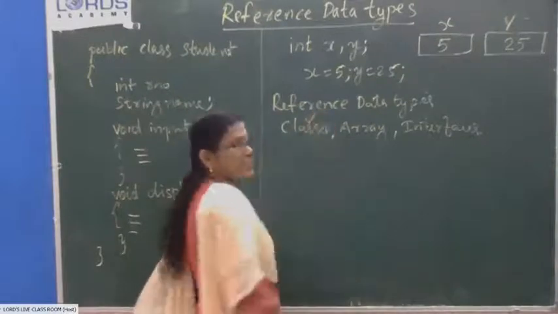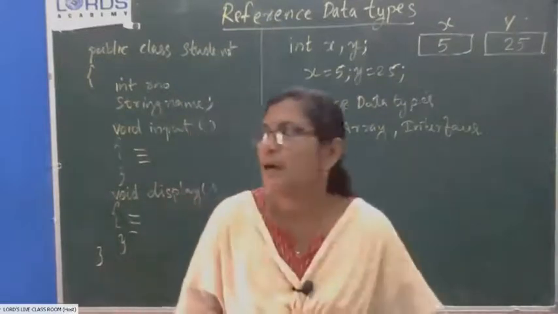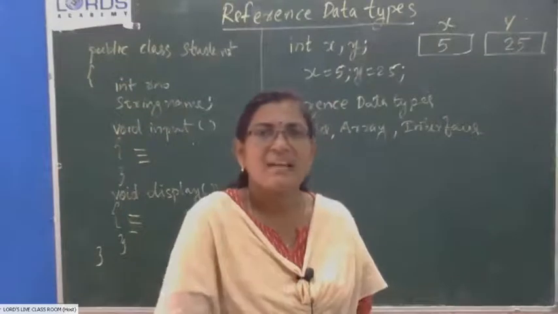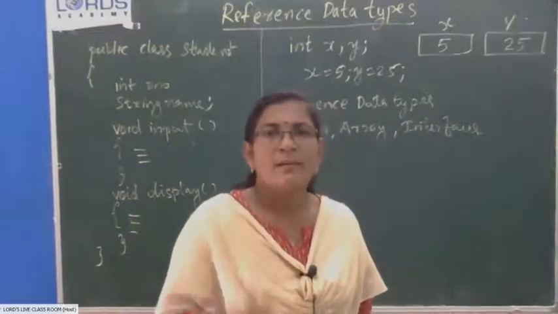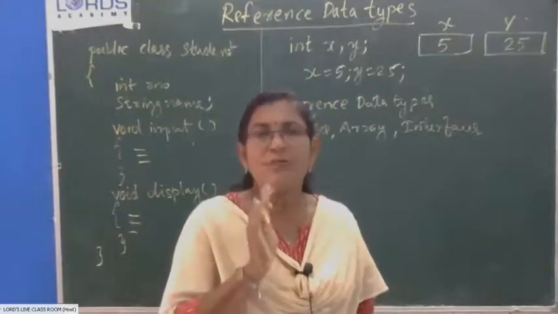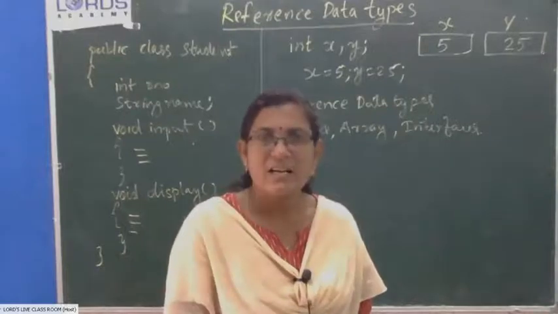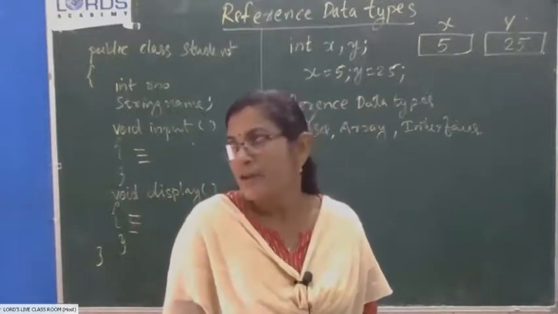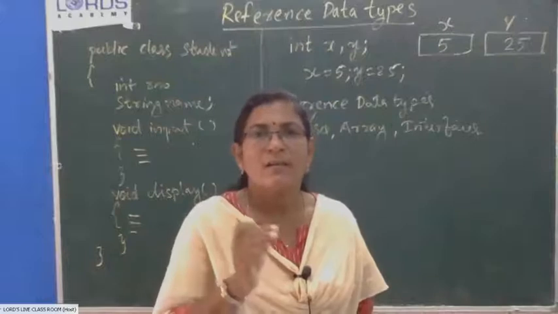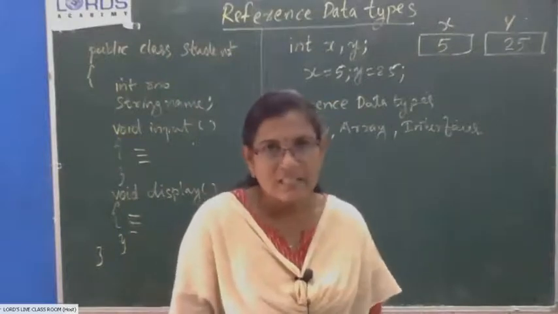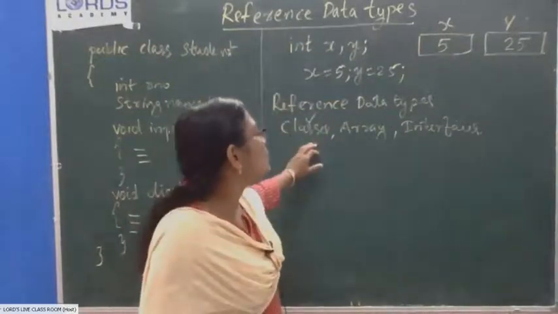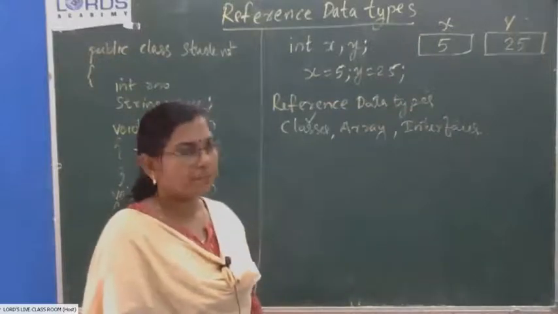Classes you may have already studied, how to define a class and how to create an object of the class. The way of invoking a method in Java through call by reference, or pass by reference, is related to reference data types in Java.